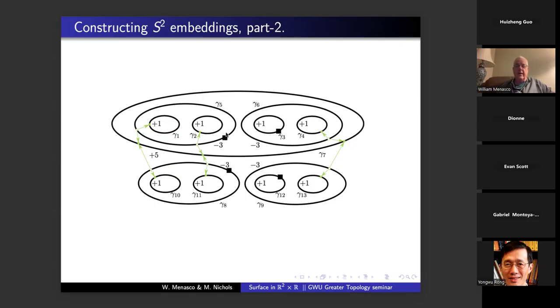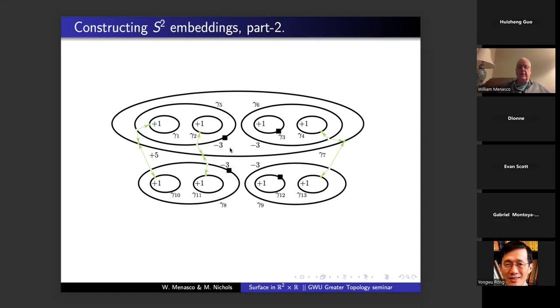The way this is set up is there's a black box on this curve and a black box on this curve, and except for the disk regions, every region is adjacent to one black box. So this region right here is adjacent to that black box. This pair of pants here. This region right here is adjacent to this black box. And this region is adjacent to only one black box, and this, and this.